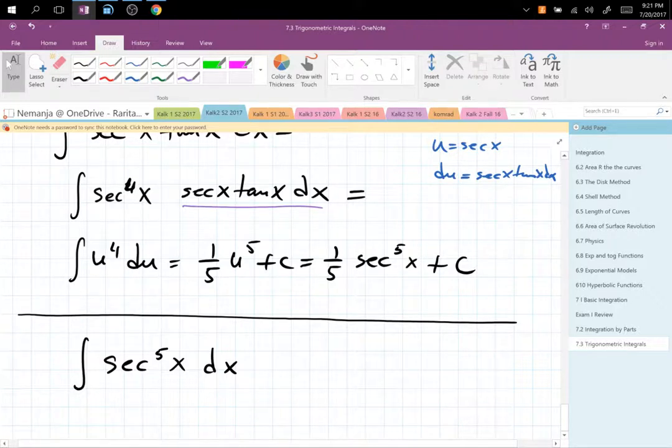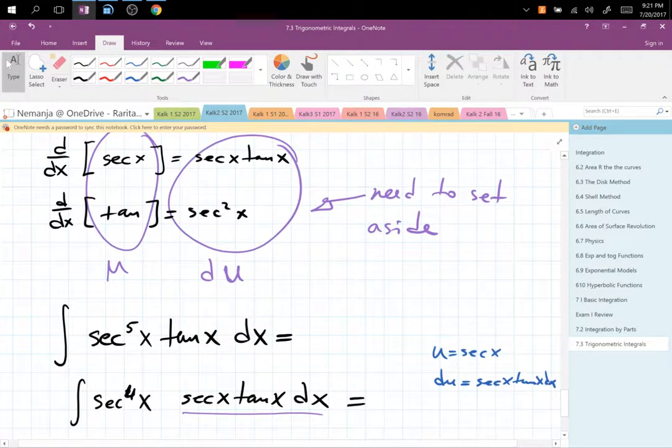What happened? If we set aside secant squared, for secant squared we need the tangents, right? But I don't have tangents, and what's left is secant cubed, which you can't use identity to change to tangent.